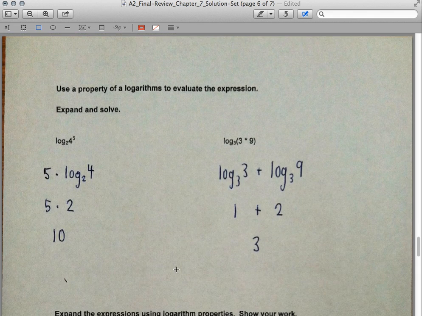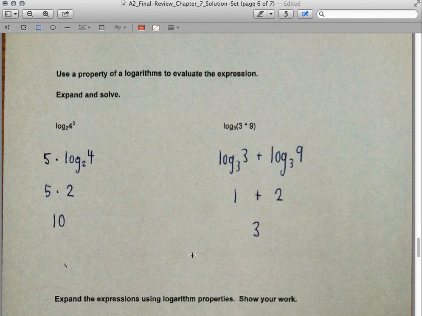We also learned that much like exponents, logarithms also have specific properties, and these are some example problems involving a few of those properties. The first example here is log base 2 of 4 to the 5th power. We learned that we could expand 4 to the 5th power to a larger value and then simplify the logarithm from there.